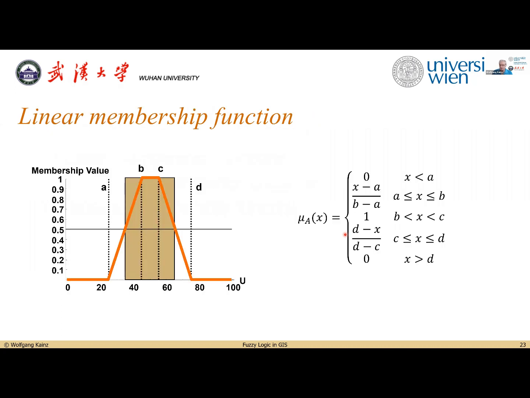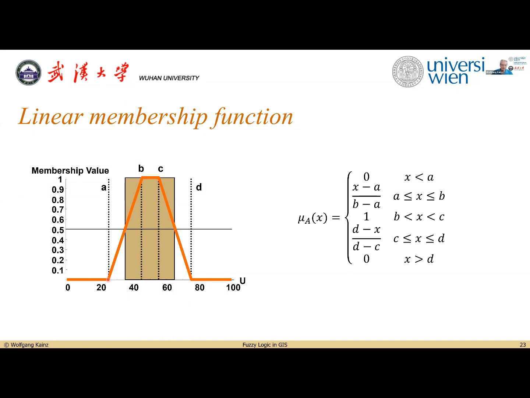Now, the simplest membership function is the linear membership function. On the left-hand side, you see an illustration of a linear membership function. Linear means that the function consists of pieces or sections that are linear functions. Like here, we have one parameter a. In this particular example, it would be 20.